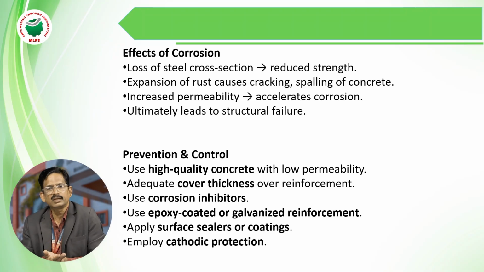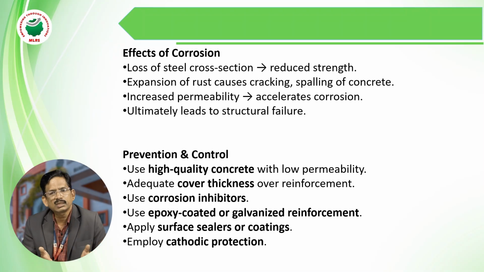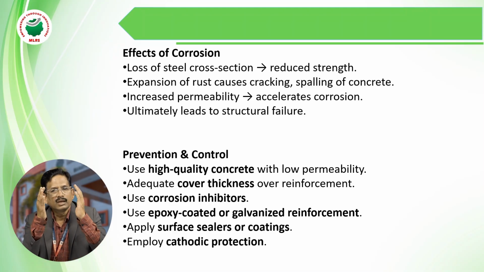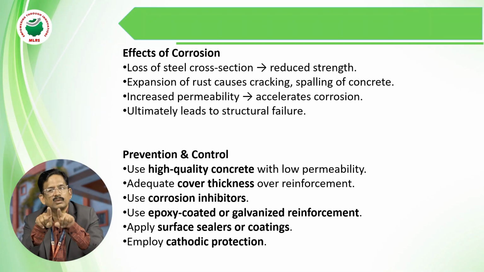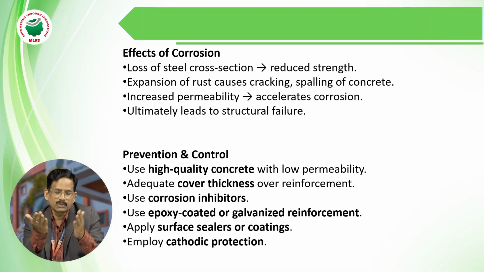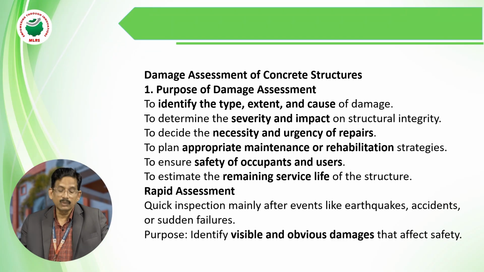Whatever precautions we take, in addition we have to apply epoxy over the reinforcement, the column boxes or the slab boxes. Some corrosion will be arrested to a certain extent. Employ cathodic protection, not anodic protection. Cathodic protection also we have to apply.